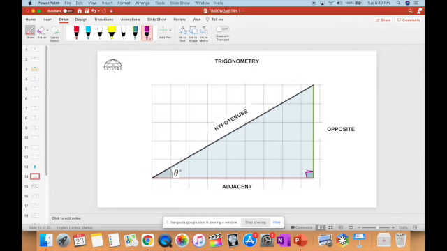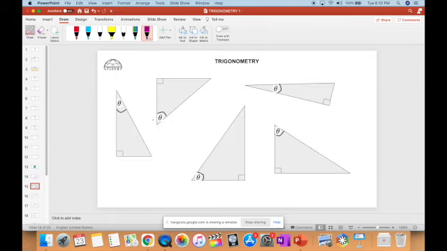We always have the right angle here, so we don't really have to worry about that. So it's either this angle or this angle. And of course, we will name the sides depending. Yeah. So we have the angle theta here, right?